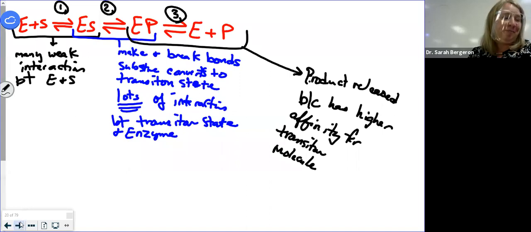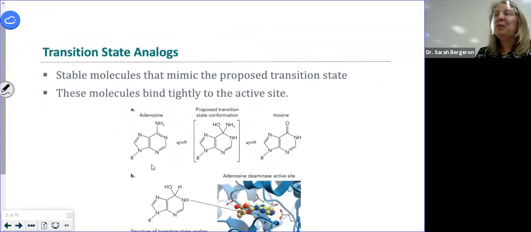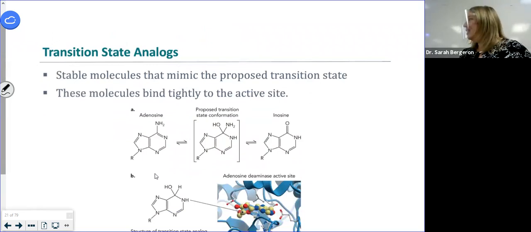Okay. All right. So how do we know this? I think that's a very valid question. How can we be so sure that the molecule has such a high affinity for the transition state versus the substrate? Well, what we can do is create what are called transition state analogs. These are molecules that look a whole lot like the transition state, except that they're stable.